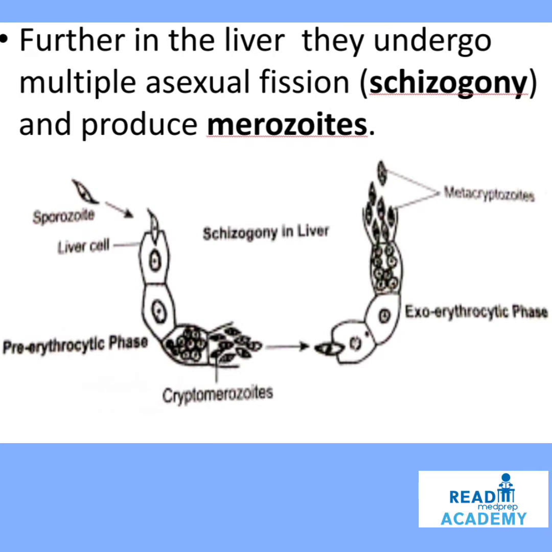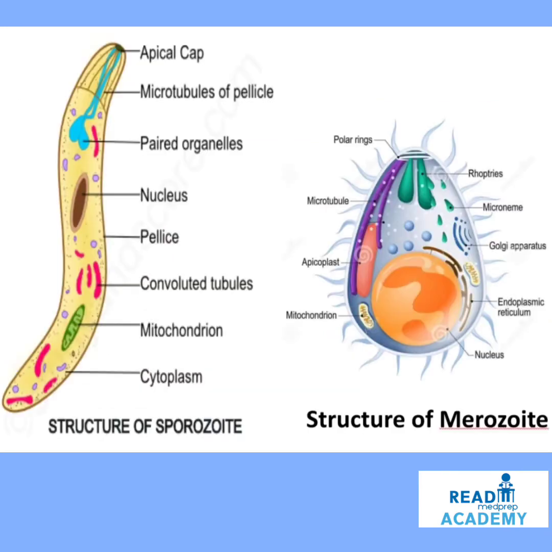The cryptomerozoites can again enter new liver cells, multiply rapidly within them, and again are released outside by the lysis of the hepatic cell. Some cryptomerozoites or merozoites can enter the bloodstream. Here you can see the structure of the sporozoite.